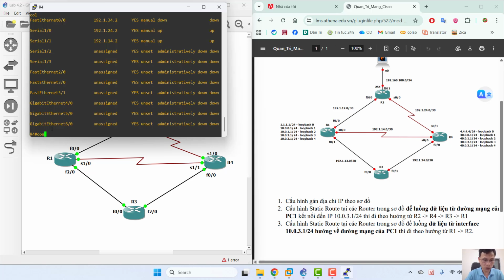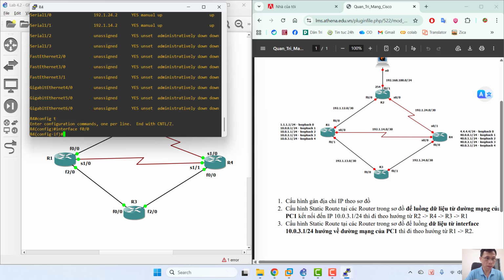Config, interface, no IP address. What IP address?